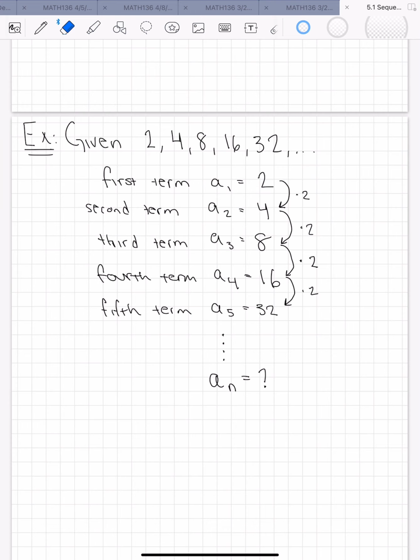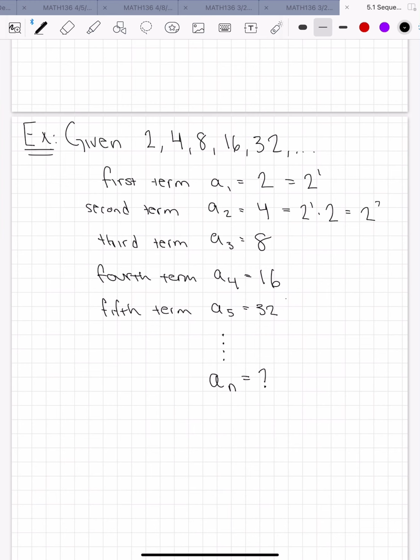We can rewrite our terms as powers of 2. 2 is just 2 to the first power, then 2 to the first power times 2 is 2 squared, 8 is 2 cubed, 16 is 2 to the 4th, and 32 is 2 to the 5th.